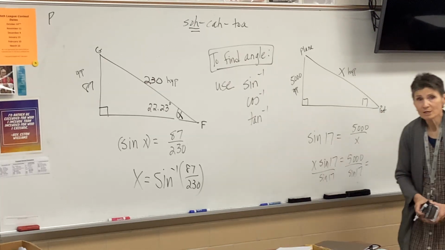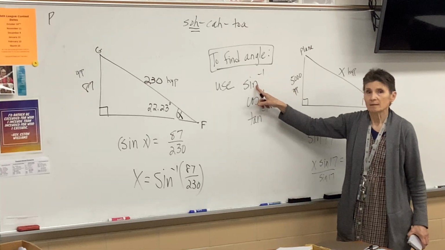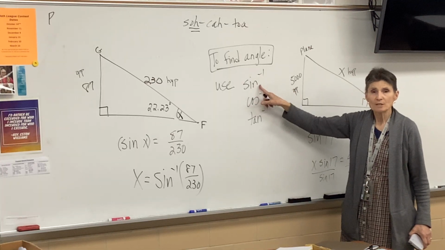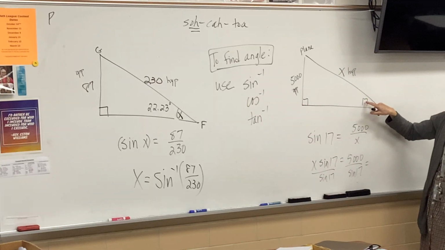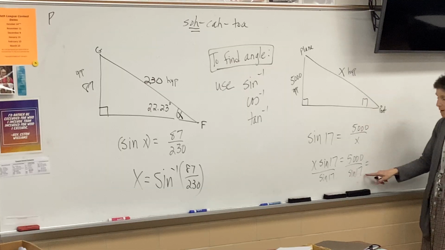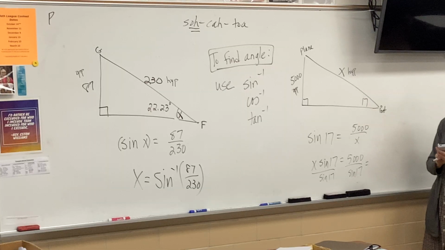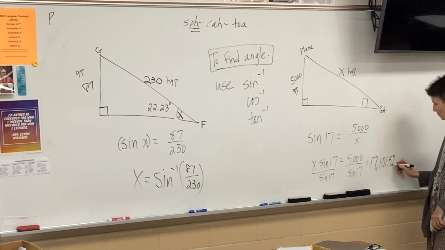Now, am I going to use this button? Absolutely not. The only time I use that button is if x is right here. Is x right there? No, x is out here. So I use my regular sine button. 5,000 divided by sine 17. And I got 17,101.52 feet.